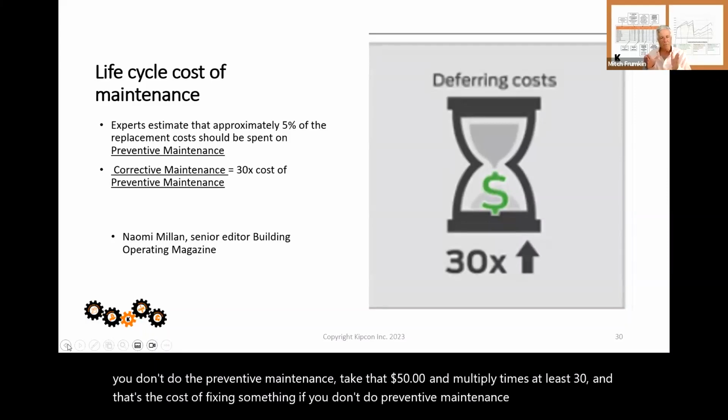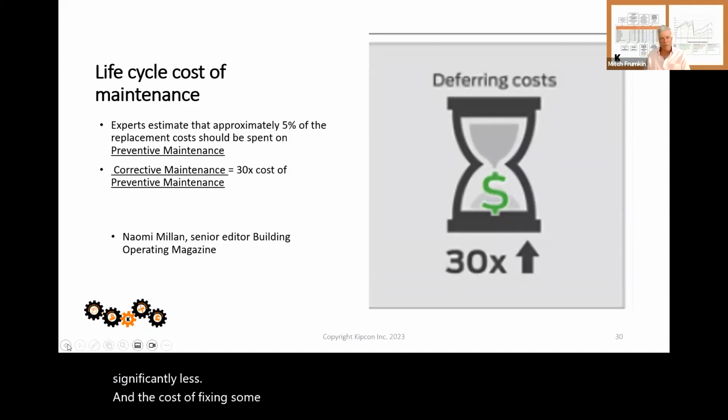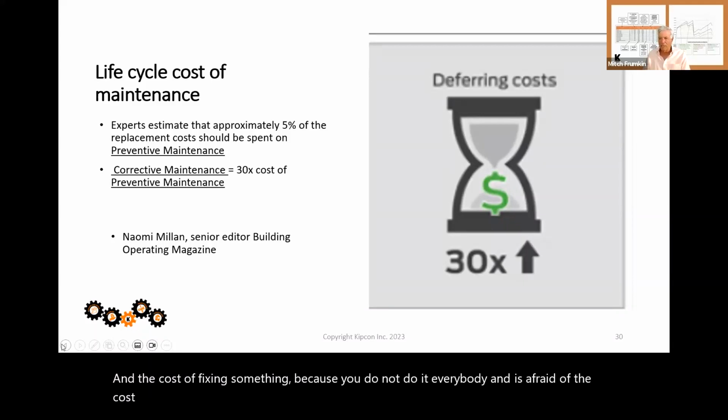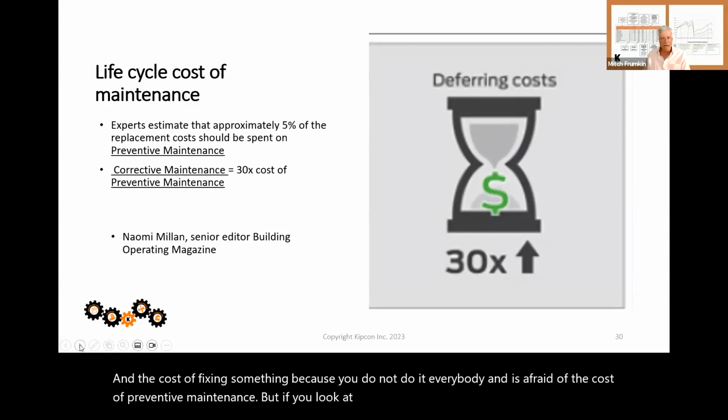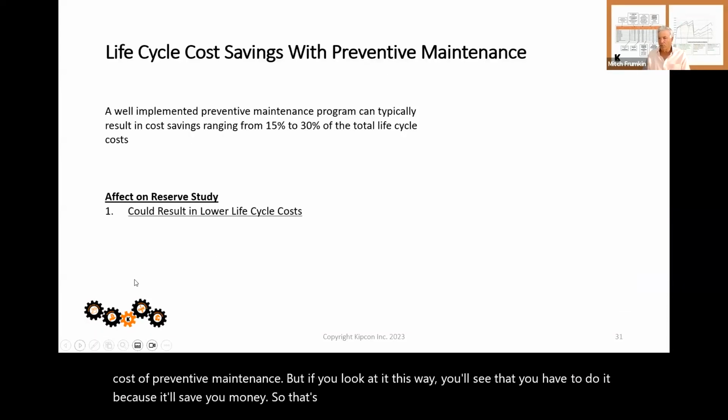So you can see how, from a life cycle cost perspective, the cost of doing preventive maintenance is significantly less than the cost of fixing something because you did not do it. Everybody is afraid of the cost of preventive maintenance, but if you look at it this way, you'll see that you have to do it because it'll save you money. So that's the life cycle cost, very important.